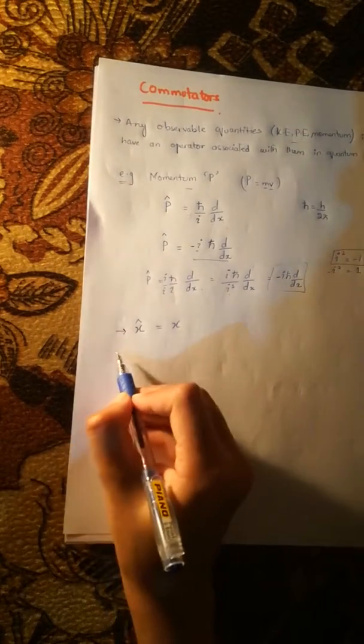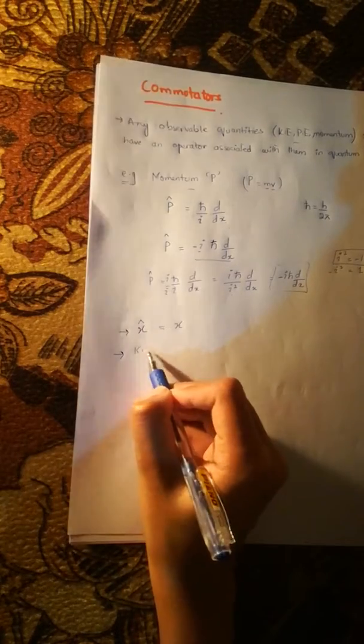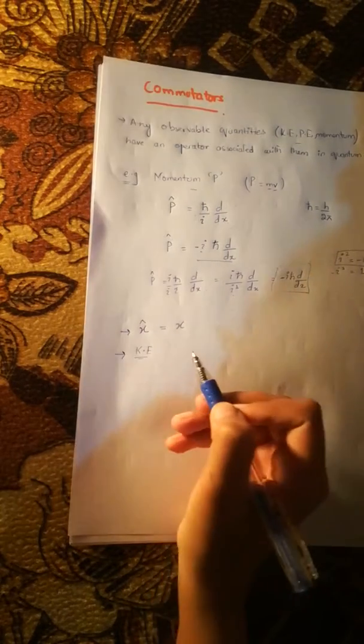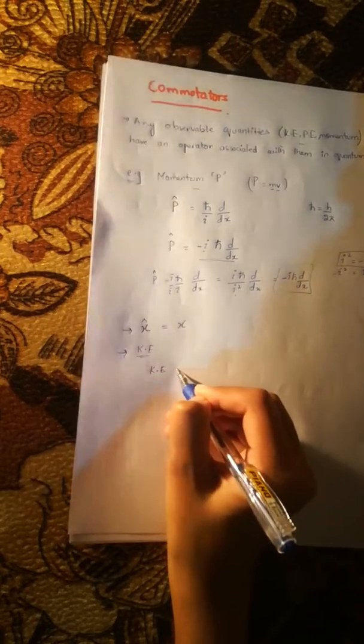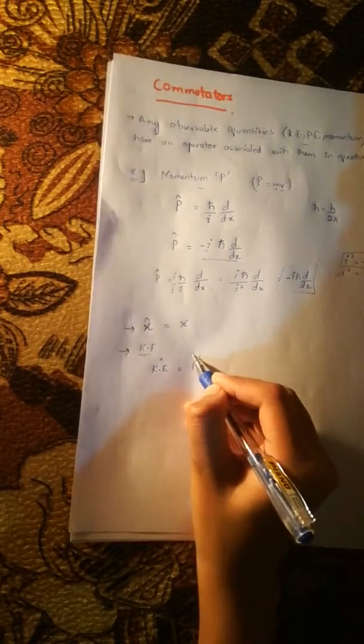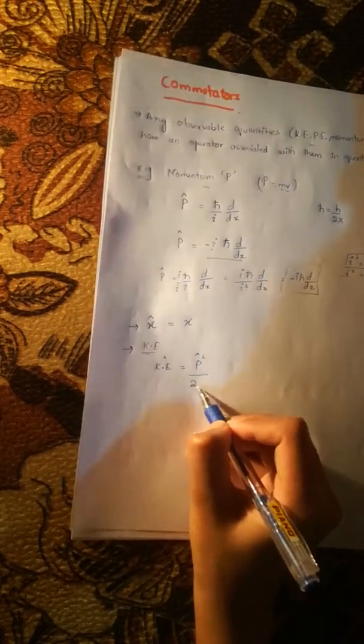The third one is the kinetic energy operator. The kinetic energy operator is equal to p square operator over 2m.